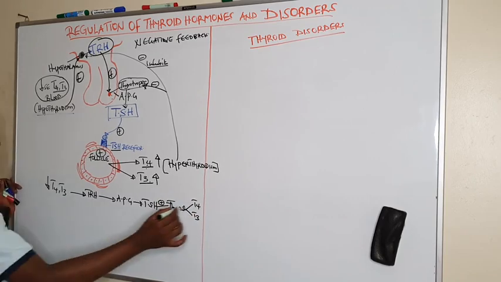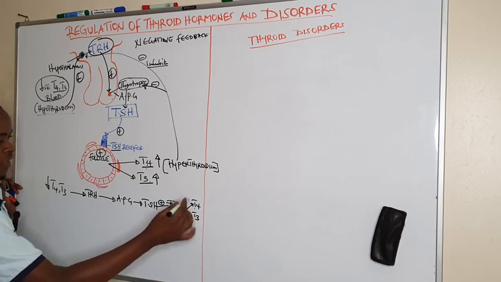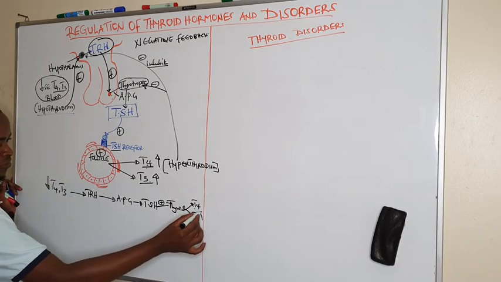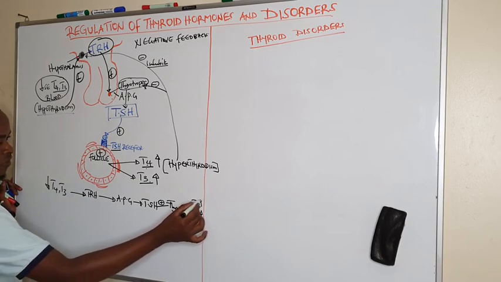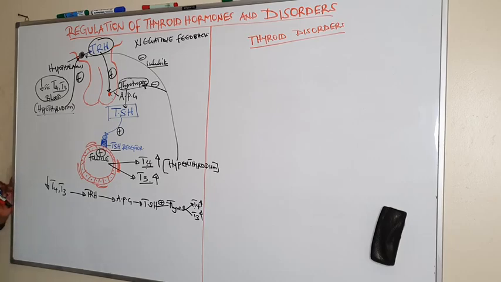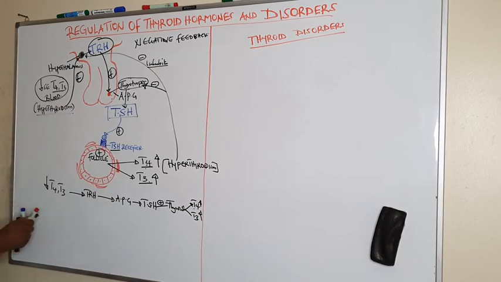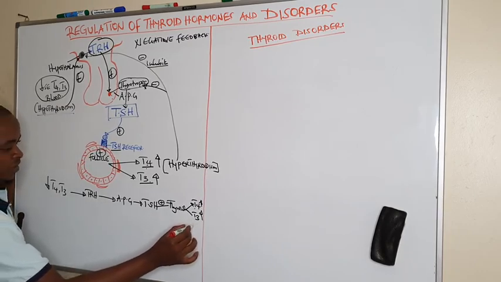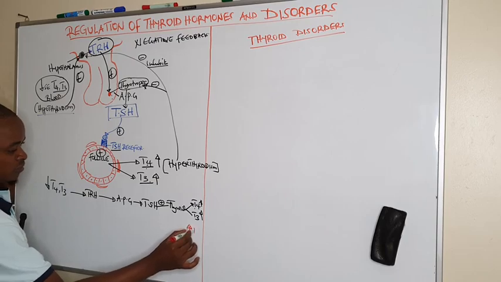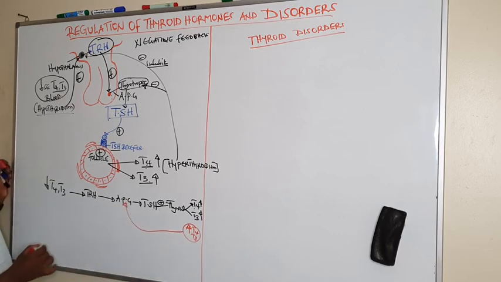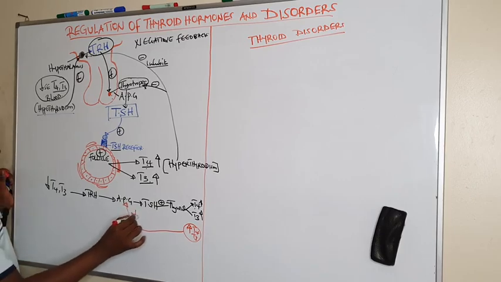And we are saying when T3 is produced and reaches a point whereby it goes beyond normal, the high levels of T4 and T3 are going to be detected, and they are going to come and exert the inhibitory effect on the thyrotropes and inhibit further production of TSH.